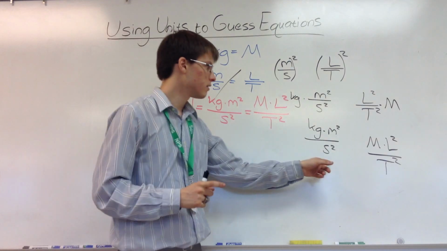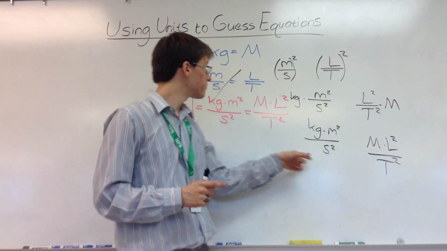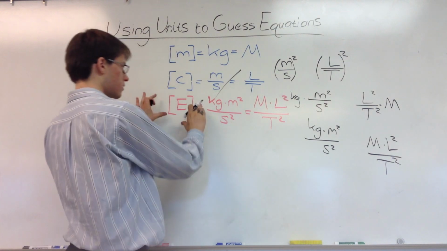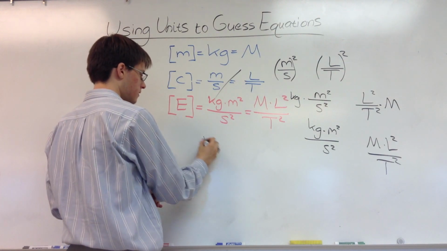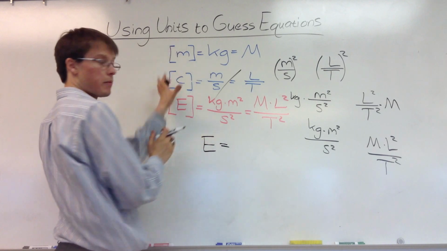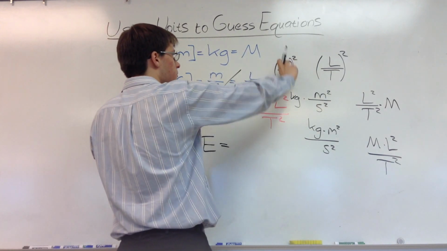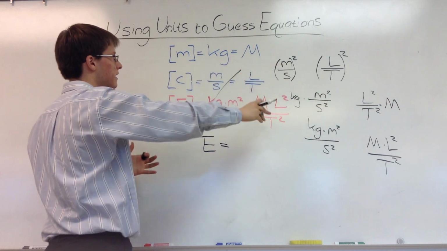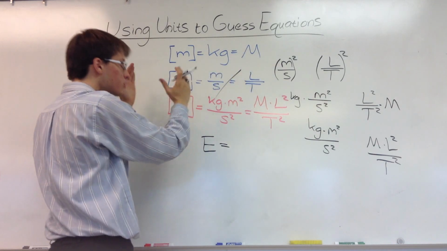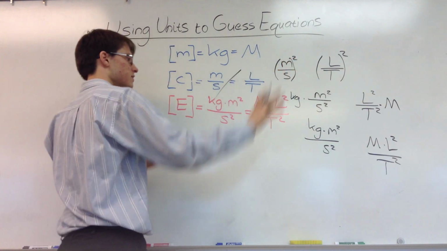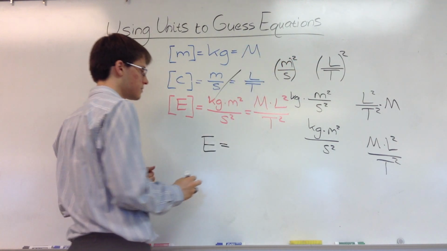So from here, we have to then get an equation. So our equation is always going to read this, E is equal to some combination of m and c. So what did we do? Well, we took meters per second, and those were the units for c, the speed of light. We squared it. So let's substitute that back in with the speed of light.